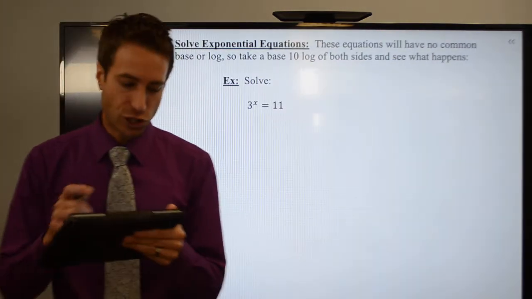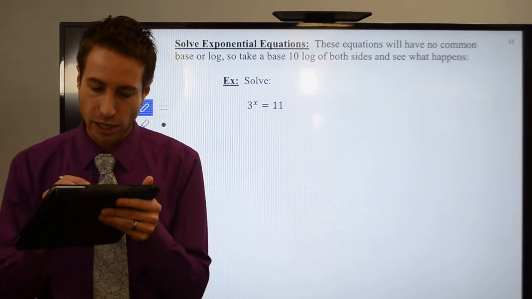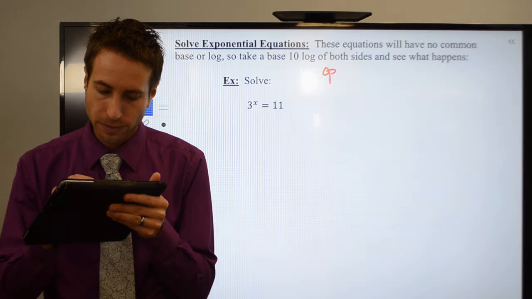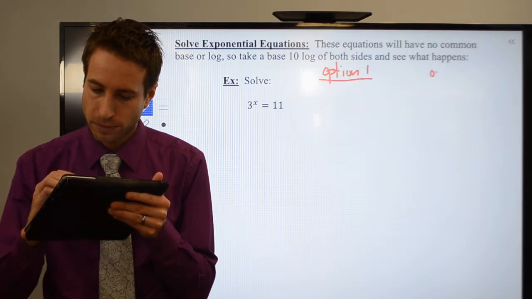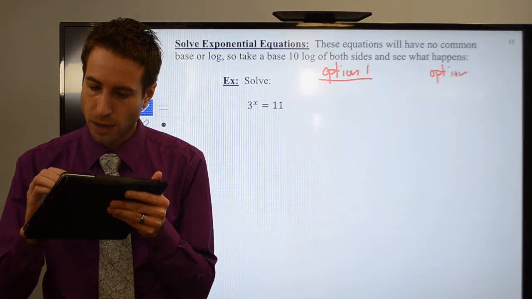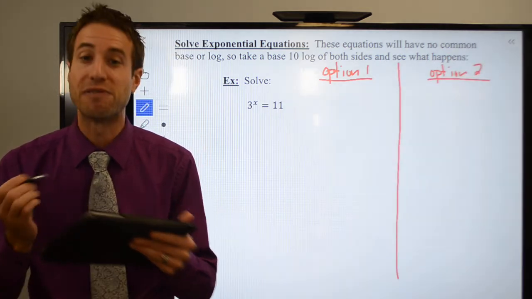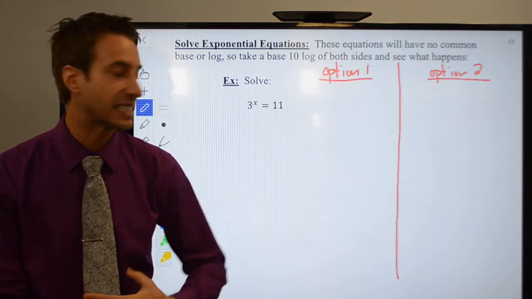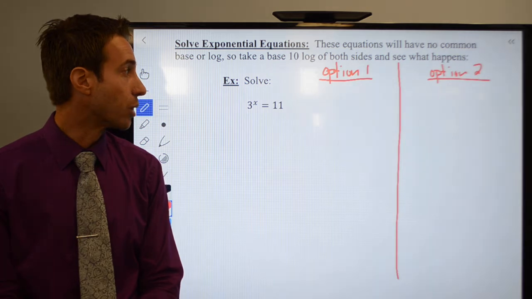Now, with everything in this chapter, there's actually going to be a couple different ways that you can go. So real quick, option number 1. Option number 2. It turns out that the two options are actually very, very similar. They're closely tied to one another, but they are two options if you want to use them.